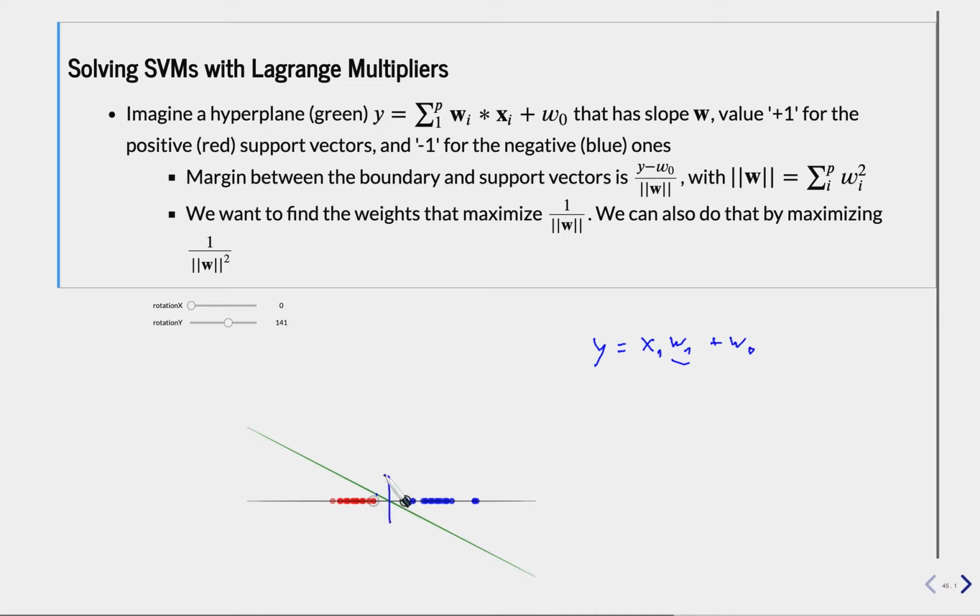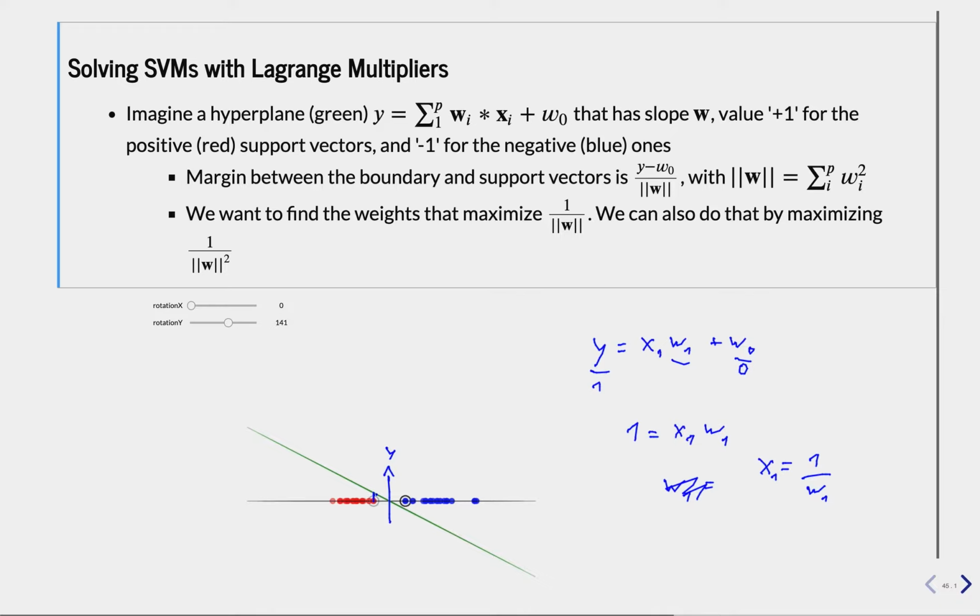It intersects at w0, and at this point this value has to be 1. Right? So in that case 1 equals x1 w1, or w1, sorry, x1 equals 1 over w1.